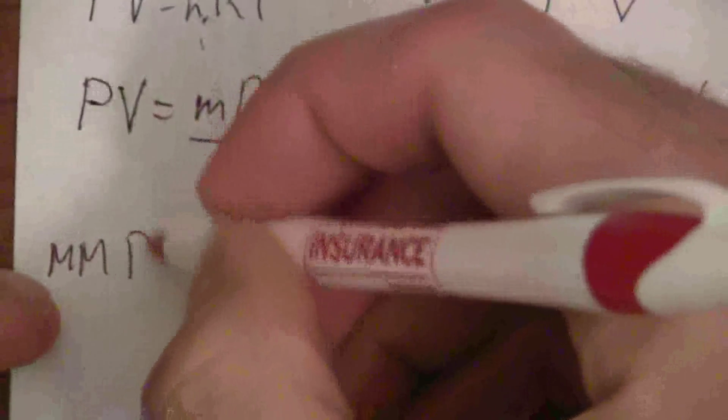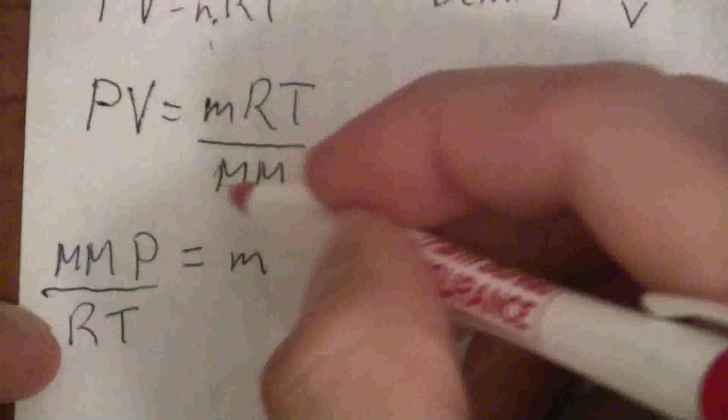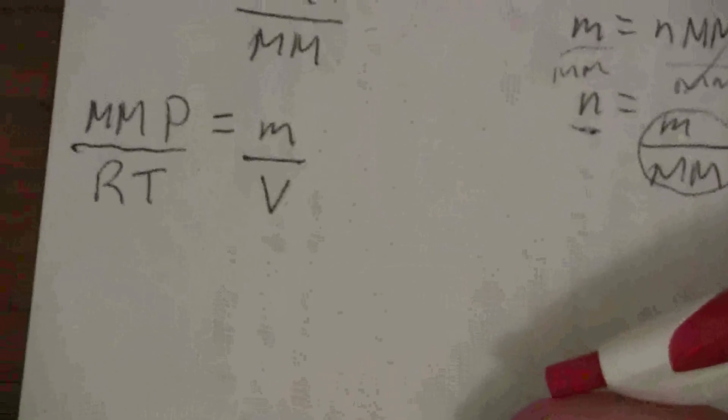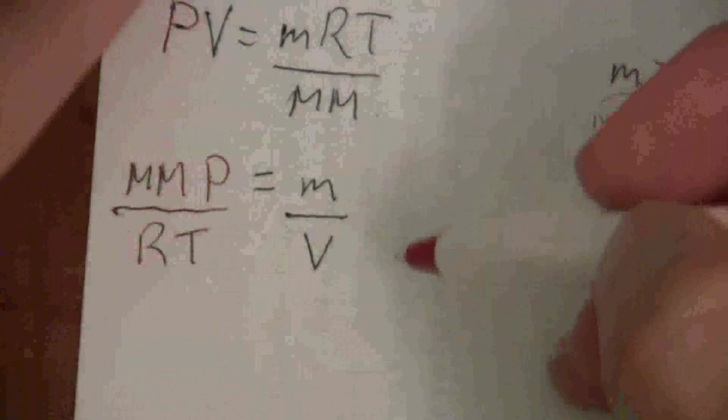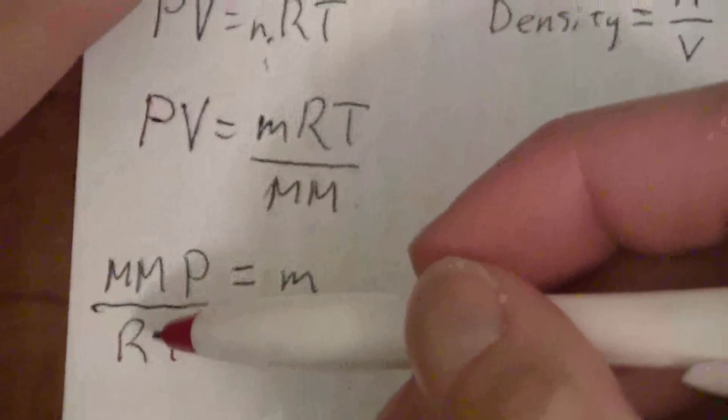If I multiply both sides by the molar mass, I'll have the molar mass times the pressure equals the mass. If I divide both sides by RT, and then divide both sides by volume, I'll end up with this: the density, mass over volume, is equal to the molar mass times the pressure over R times T.